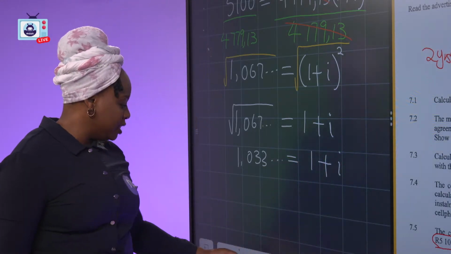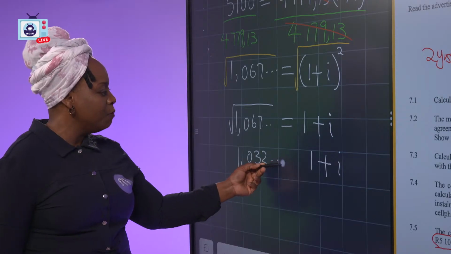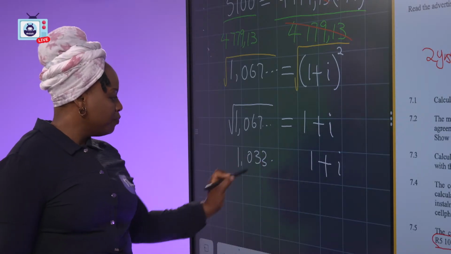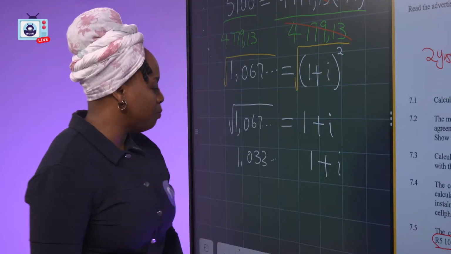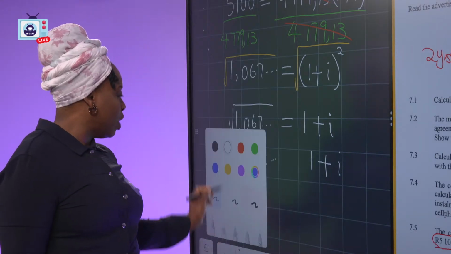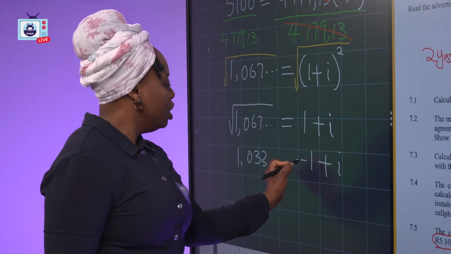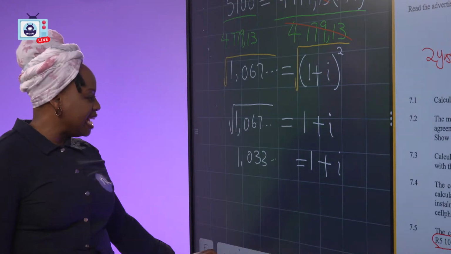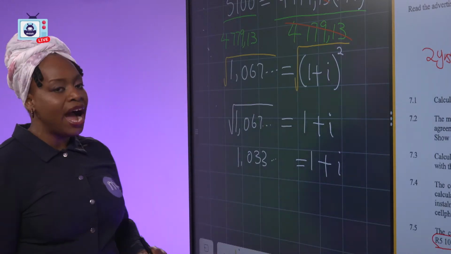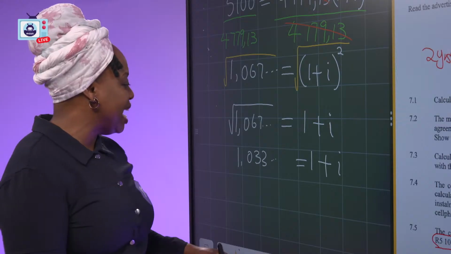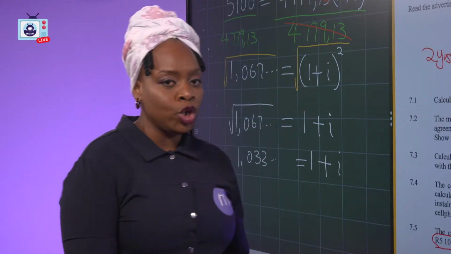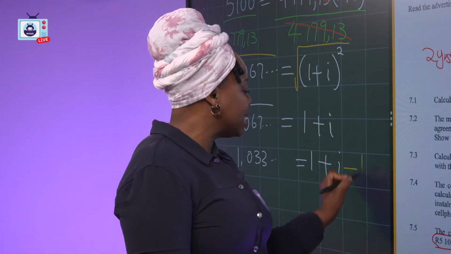Until this point, I hope you guys are still fine and you are still following. If not, please just pop it on the chat for us to help you. So when I have it like this, I can now move the 1 from the right hand side to go to the left, but we don't just move. I would have to subtract it.